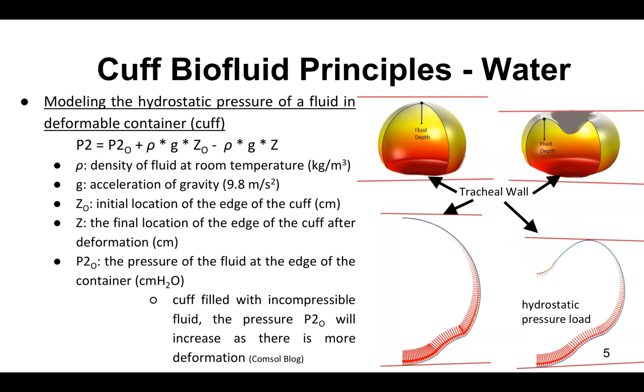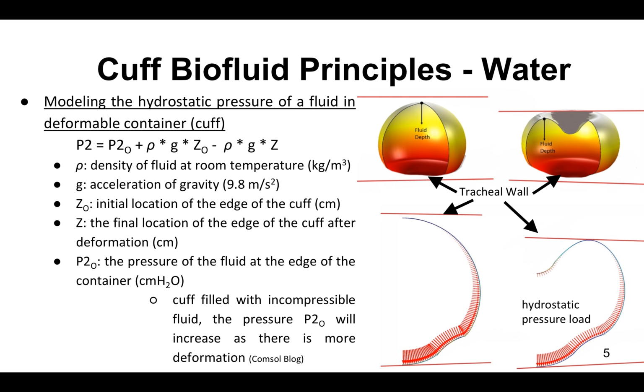The second principle involved for the cuff is the pressure generated within the cuff due to hydrostatic pressure, as well as the deflection it causes on the cuff due to it being inserted within the tracheal wall. So as you can see from the equation, P2 gives you the pressure of the cuff itself, and P2O is the pressure of the fluid at the edge of the container. Rho is the density of water, or whatever fluid is being used to inflate the cuff itself.